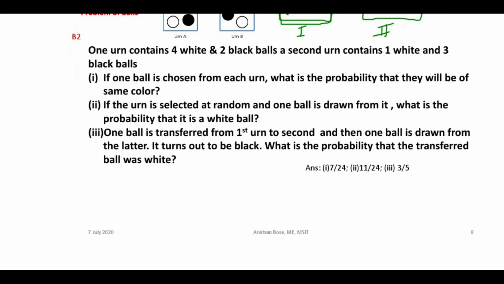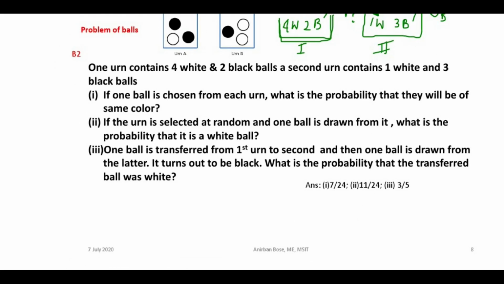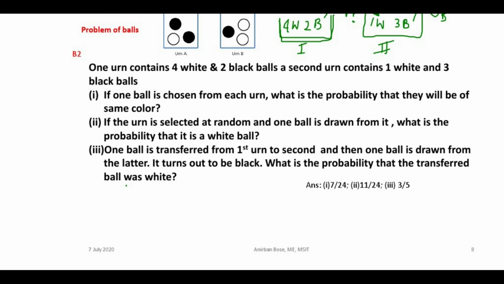To solve this problem, let us consider the events. Let event A be that a black ball is selected from urn 2.